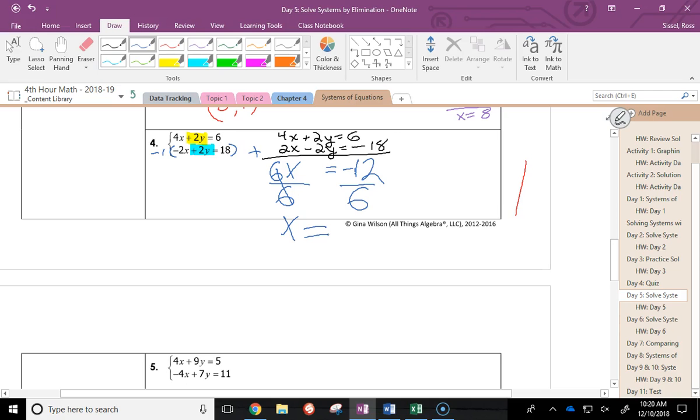Okay, so you have a negative divided by a positive, so it's going to be a negative. So we know the answer is a negative. And then what would be 12 divided by 6? Yep. Alright, so Dusty's gone ahead and done the x. Did everyone get that x should be negative 2?